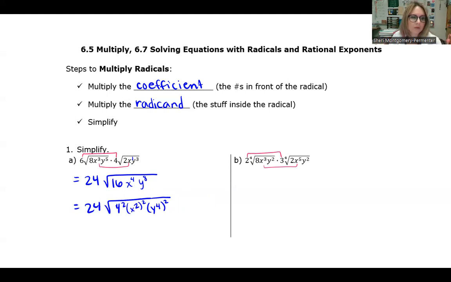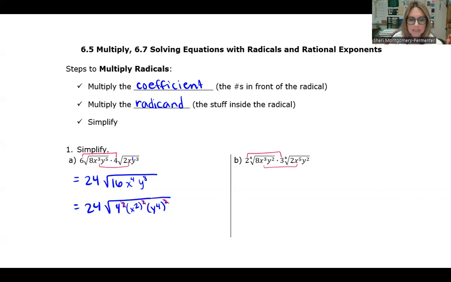As I go to rewrite it, what I'm looking for is anything that is to the second power, because those are going to reduce. It looks like that 4 is going to reduce. That's going to reduce. Am I going to have anything left underneath the square root? No, that's okay. I just eliminated the square root.